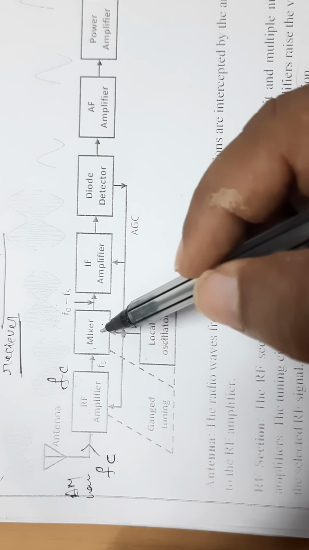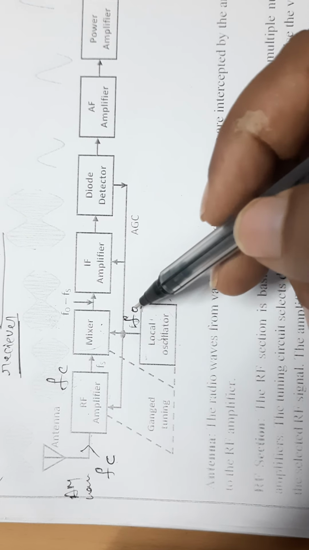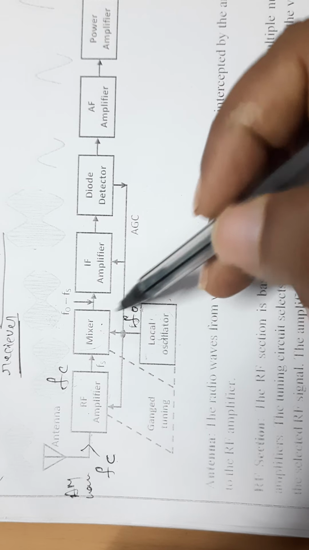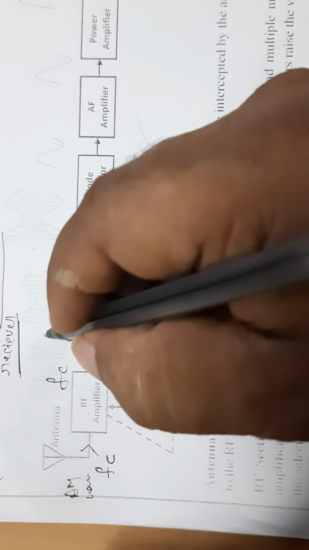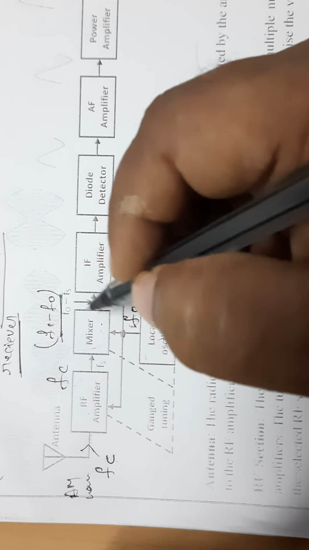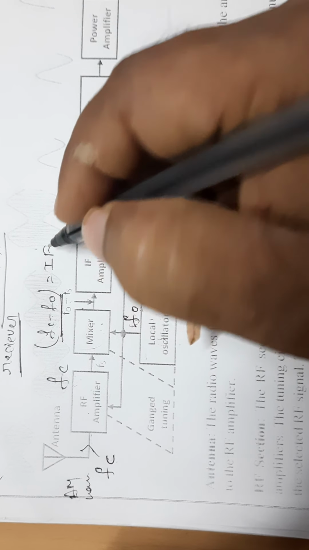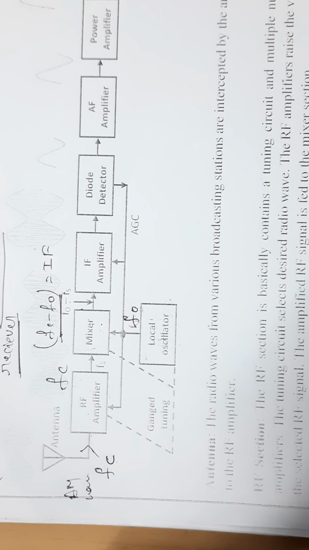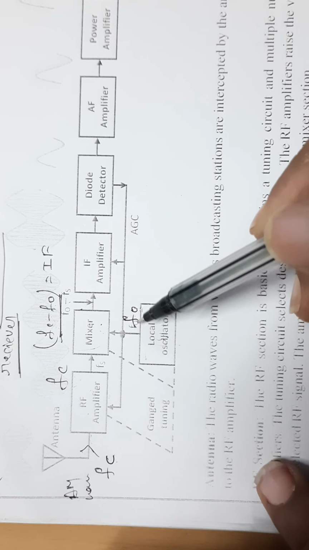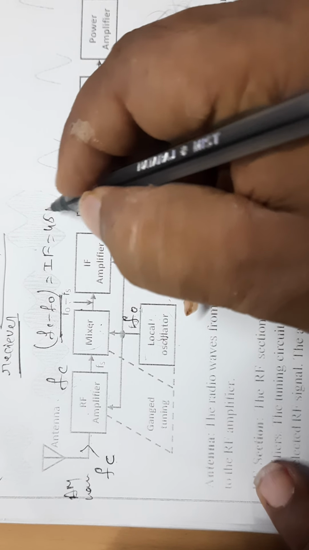This mixer is an electronic circuit which produces beat frequency, that is Fc plus F0 or Fc minus F0 is the beat frequency. Fc plus F0 is removed, you get only Fc minus F0. This difference, Fc minus F0, the output of this mixer, is called intermediate frequency. Here the local oscillator frequency has to be adjusted by ourselves so that this difference in the frequency is kept as 455 kHz.